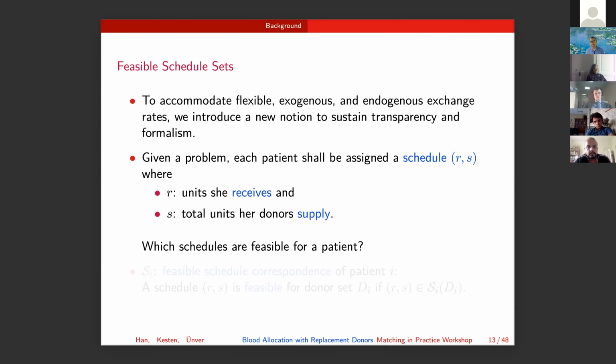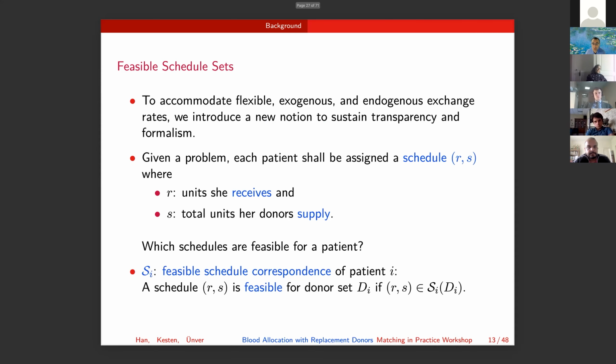So which schedules are feasible for a patient? What I will do is define a calligraphic S_i as a feasible schedule correspondence for patient i. So I will say (R, S) is feasible when the patient brings the donor set D_i if (R, S) is in the correspondence set outcome S_i of D_i.